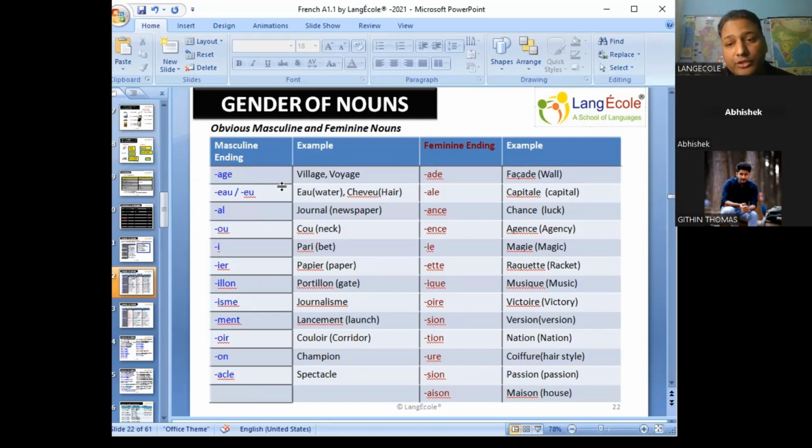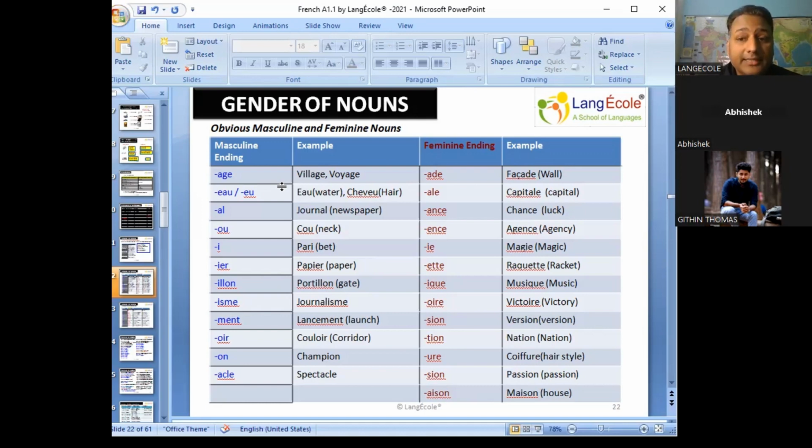But most nouns which have an A at the end are feminine, right?